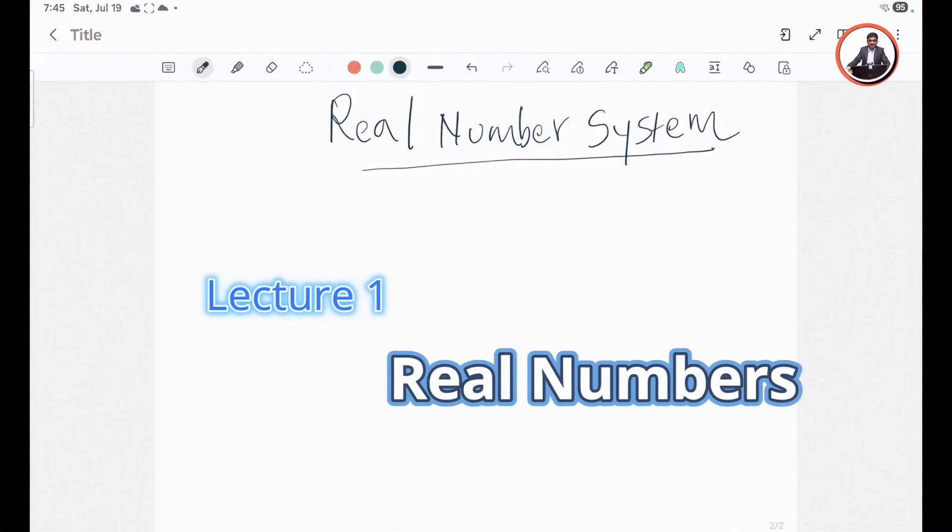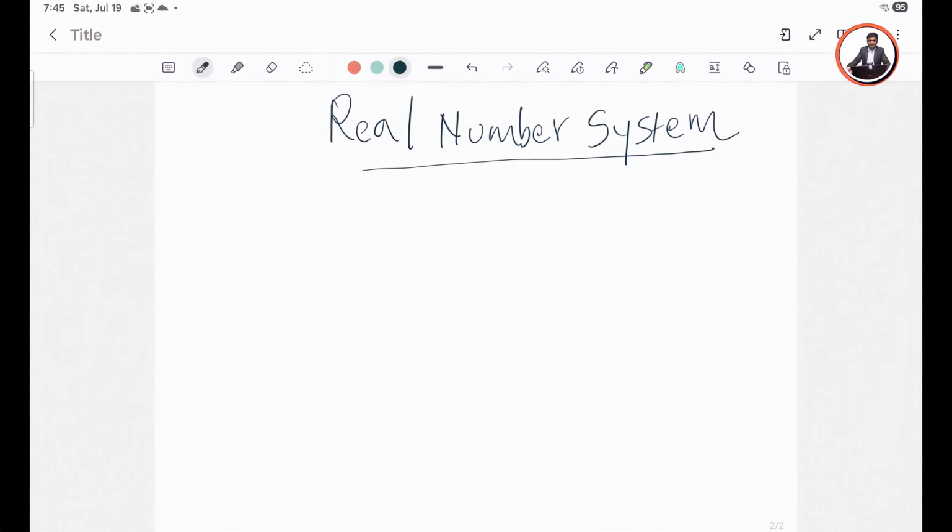In this session, I am going to talk about the real number system. The system of real numbers consists of a collection of smaller sets of numbers that has evolved over several centuries. It began with numbers used to count objects, which were used for trading.